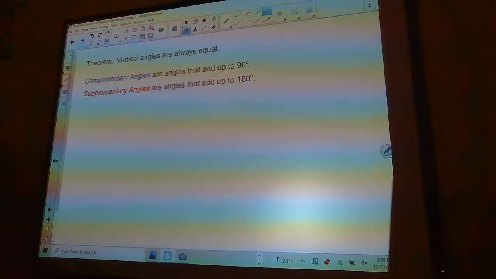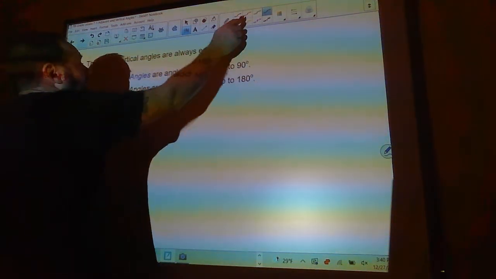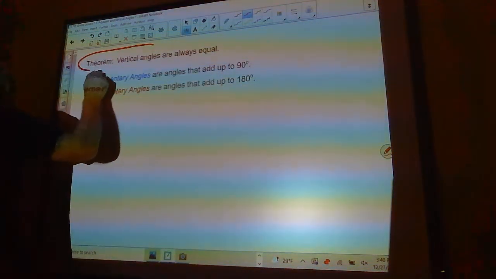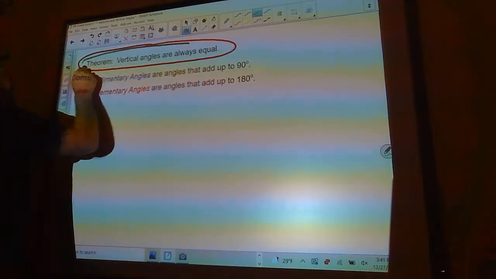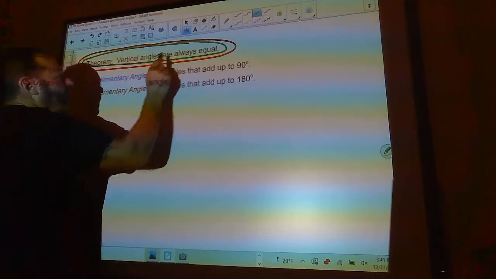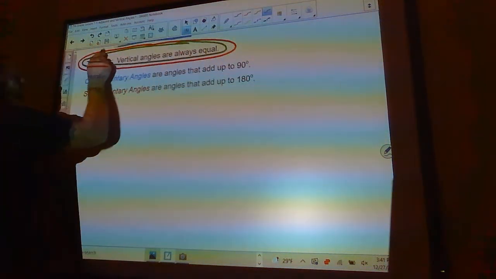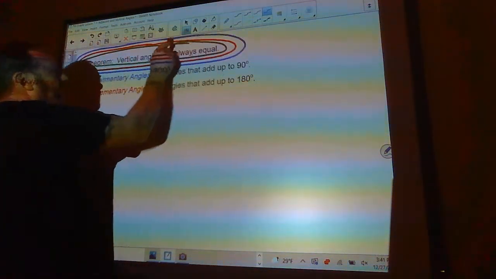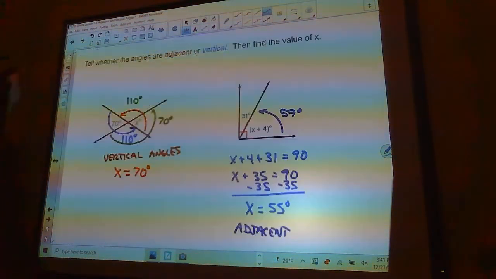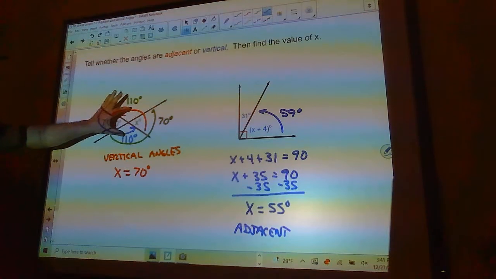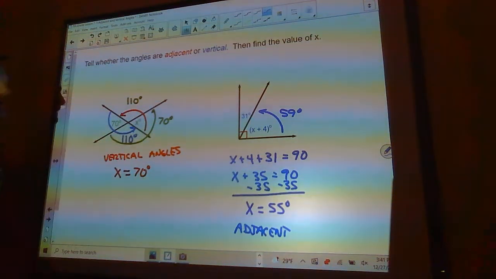Now here's the theorem that you're going to get, and you should know this till you die. Vertical angles are always equal. Say that to yourself. Vertical angles are always equal. So if we look back here, here I have vertical angles, they're equal. Here I have vertical angles, they're equal.